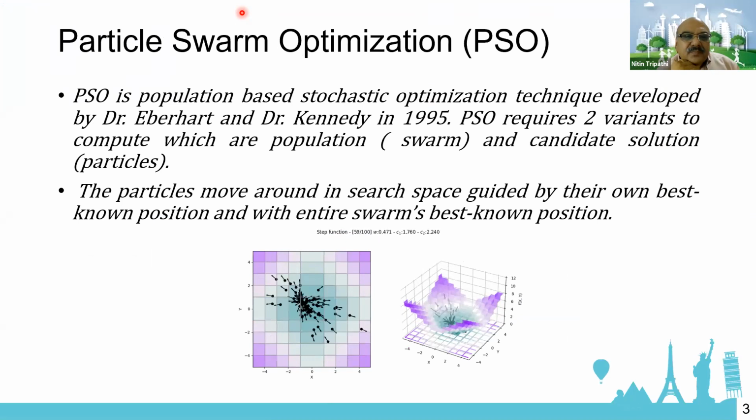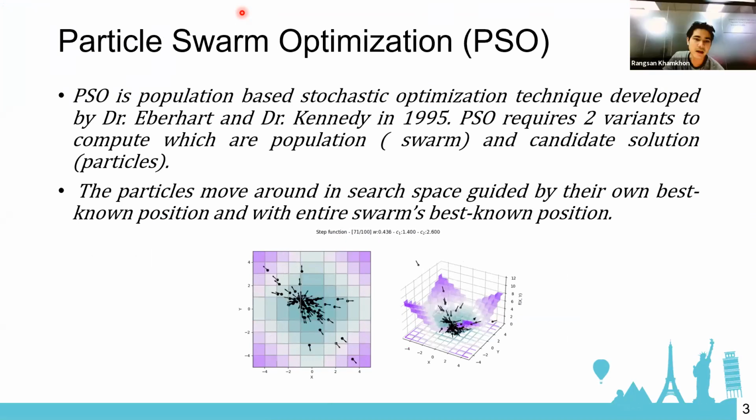And the swarm is the magenta area and the green area, and the particles move from the magenta area, which means the personal position, and then they come to the green area, which is the global best or the best bus stop location.